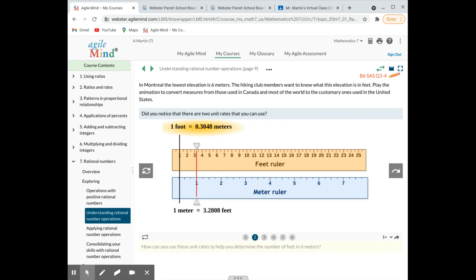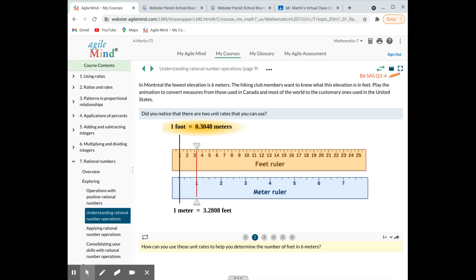We got 1 foot equals 0.3048 meters, and it also shows what 1 meter is equal to. What is 1 meter equal to? 3.28. All right.